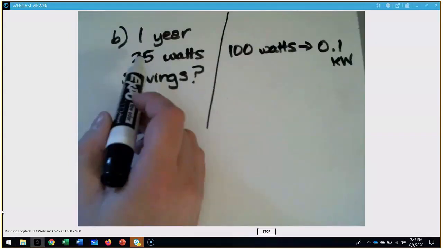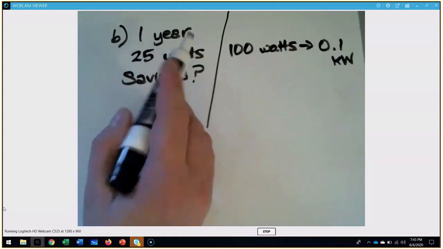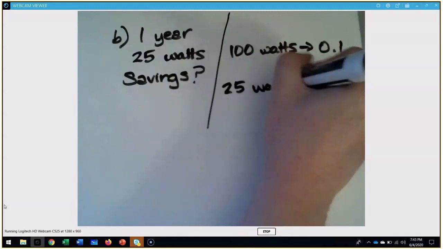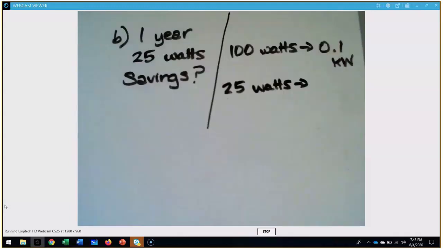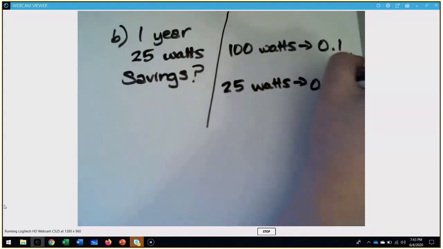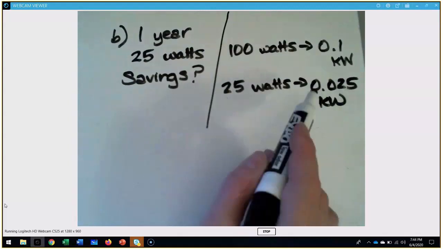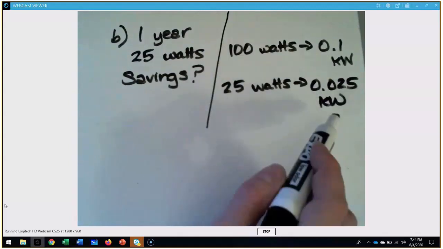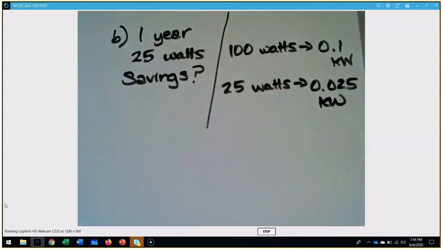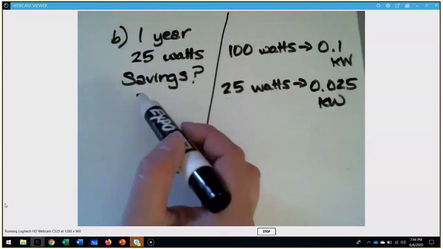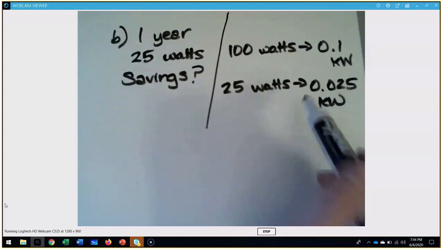So now we have 25 watts instead. Just move that back 3 times. That changes it to 0.025 kilowatts then. We don't have to do the whole process all over again. We already thought it through. We moved it back 3 times. So we're going to do the same thing right here. Make sense?